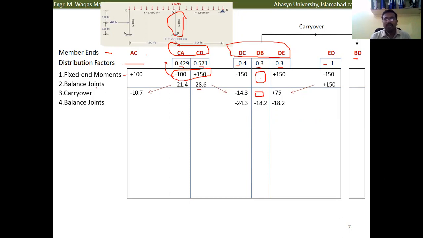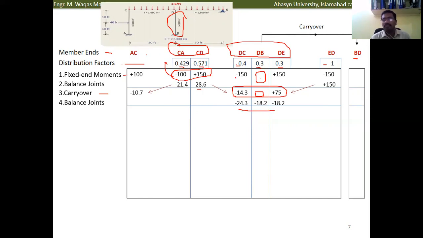So once we find out the carryover moments, we are again going to find out the values of the balanced joints. This time the values of the balanced joints will be at the joint D. For that we are going to sum up the values of these moments, that is minus 14.3 plus 75, and multiply the resultant with the negative sign of the distribution factor, and ultimately the resultant values are mentioned here.